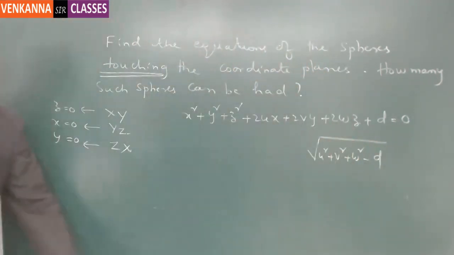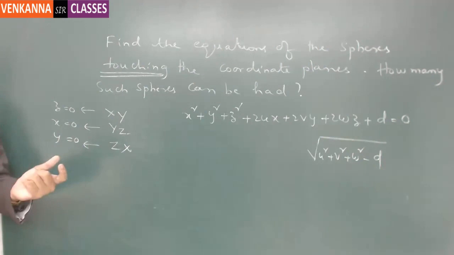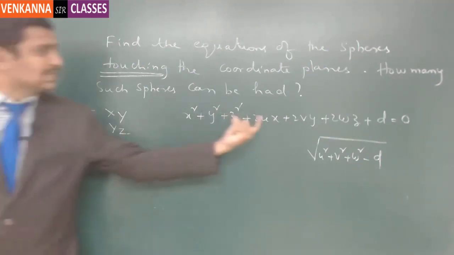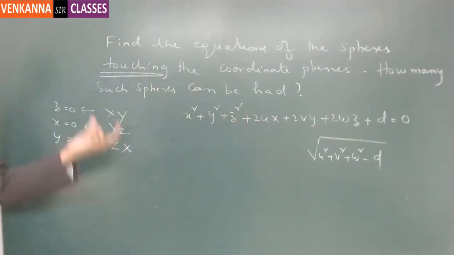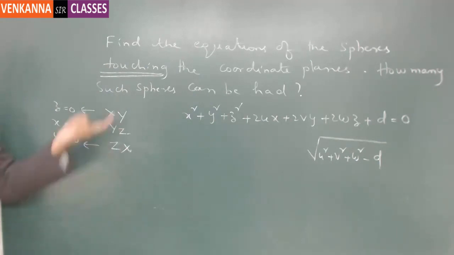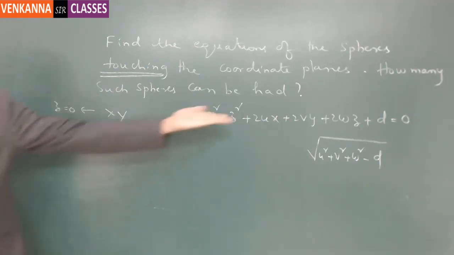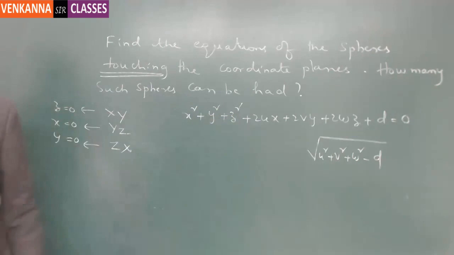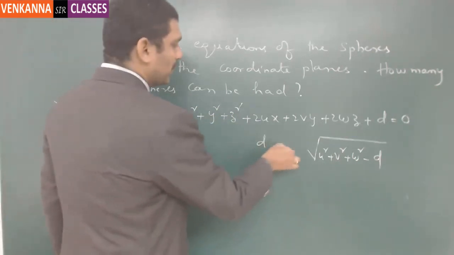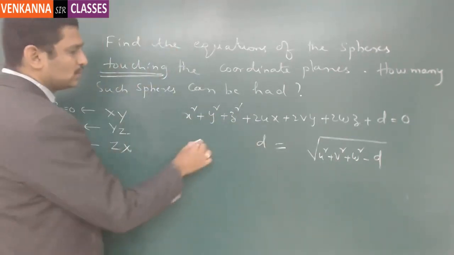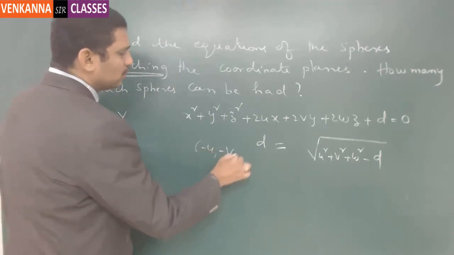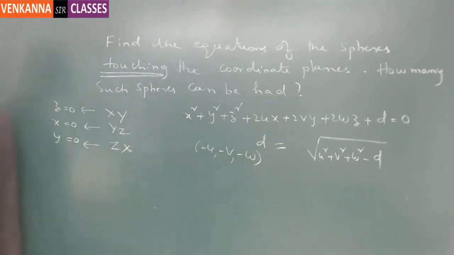And what is the distance? If you calculate the distance from the center of the sphere to each of the planes, all the distances are nothing but equal to the radius. So distance is equal to radius. So the center is nothing but minus u, minus v, minus w.